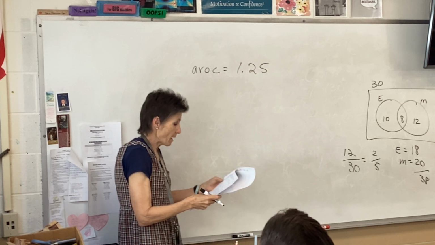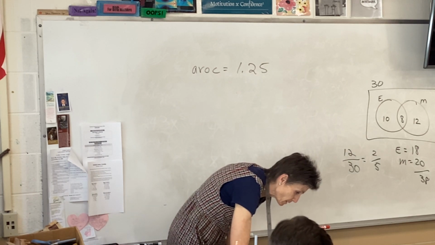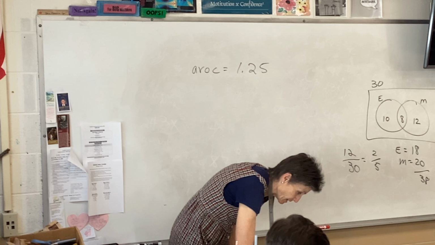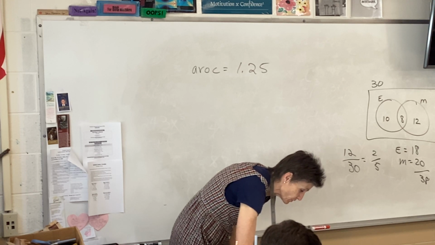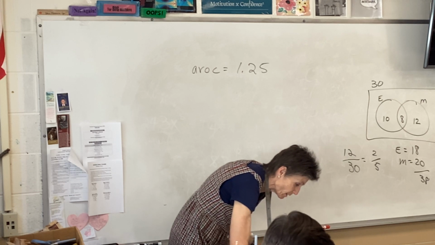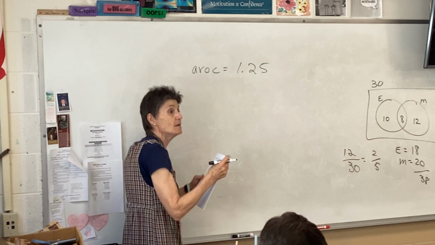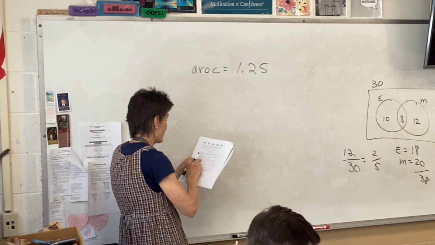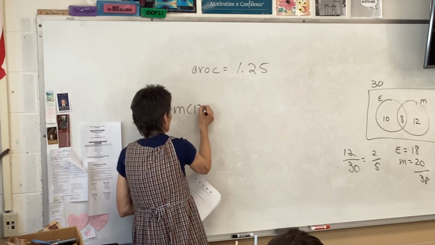Okay, so now the question says, use the given data to find the average rate of change, oh no, that was I. Use M of 12 and the average rate of change found in number 1 to estimate the amount of money the student has at T equals 20 months. What's M of 12?